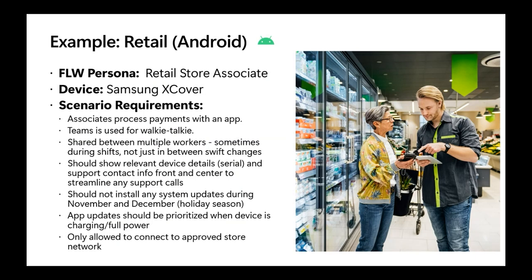These devices are not one-to-one, so they're going to be shared between multiple workers. I want to show some troubleshooting information on the device to streamline my support experience. I want to make sure there's a freeze for system updates. I want to make sure that apps are only installed during certain conditions, and I want to make sure that I can only connect to the store networks.